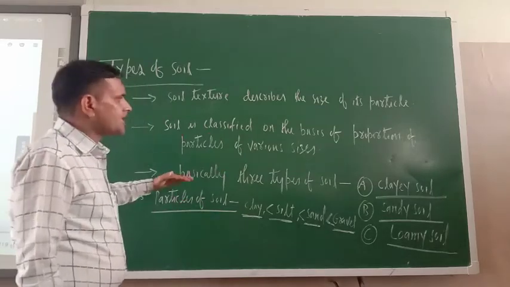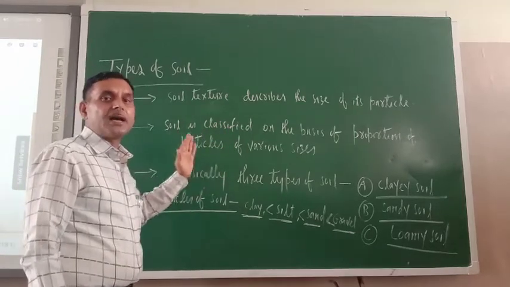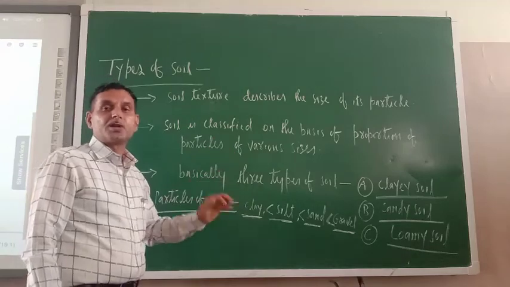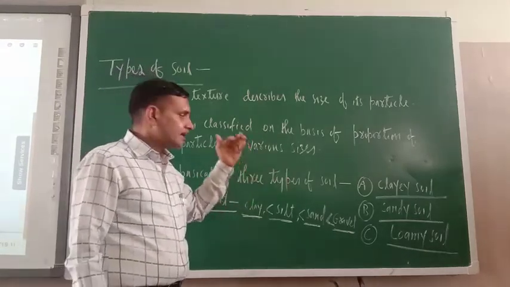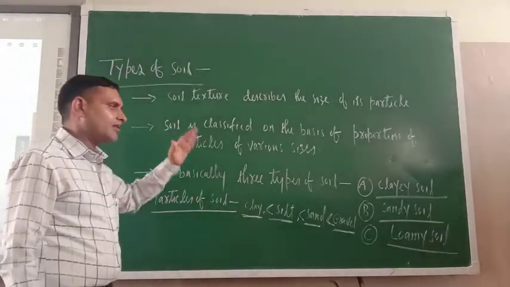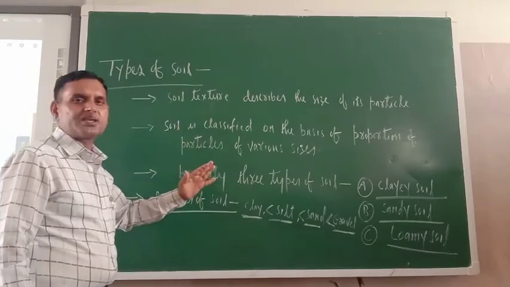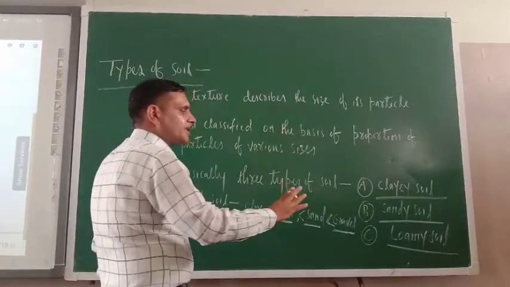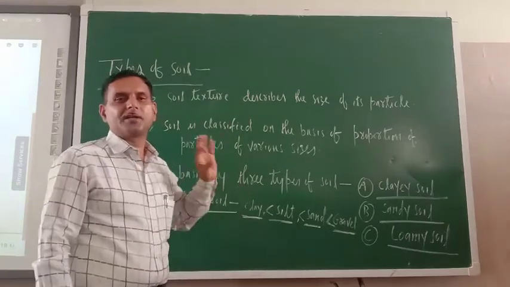So on the basis of the proportions of particles of various sizes, soil can be classified into three categories: clay soil, sandy soil, and loamy soil. One by one, I will describe their characteristics, like what are the features of clay soil, sandy soil, and loamy soil. It doesn't mean that one particular soil is more important than another.